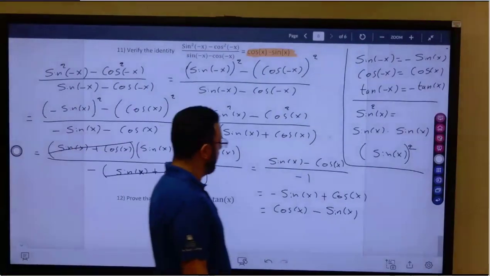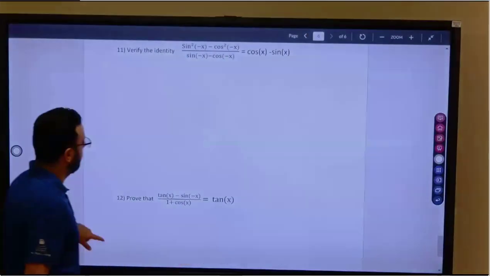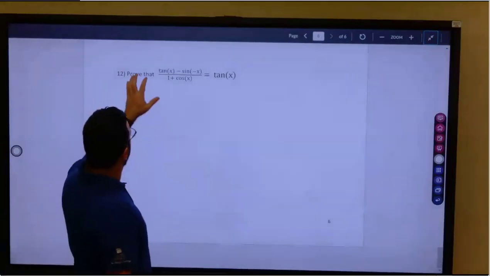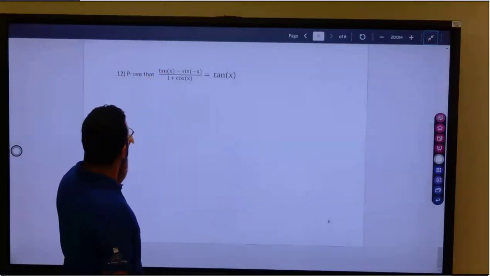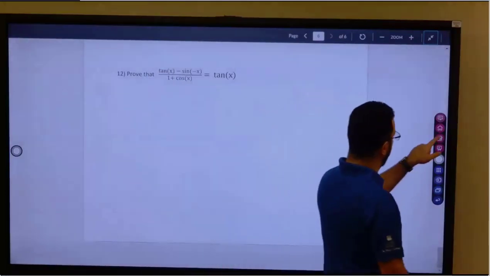Go to number 12. How are we going to prove that this one equals tangent x? Let's check that.